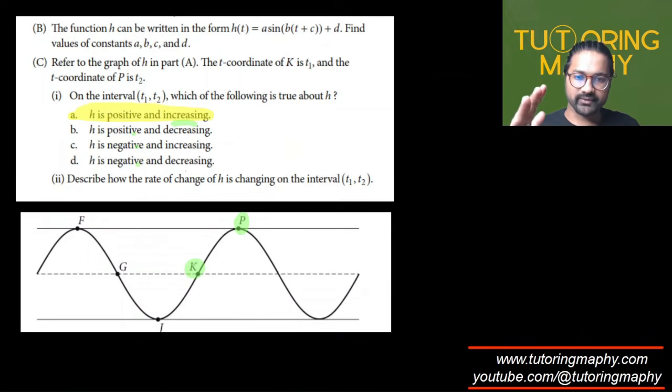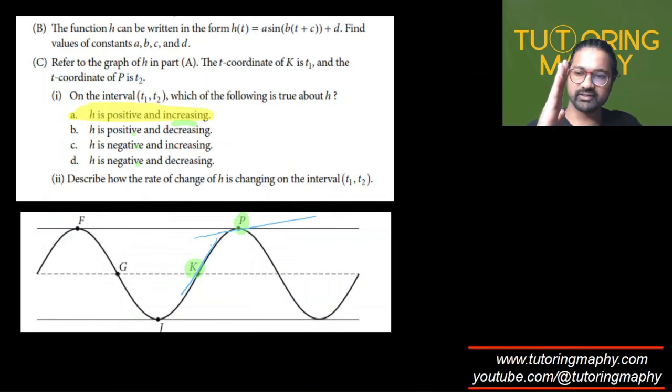Now, if you notice carefully, if we draw a tangent right over here, near the point K, the tangent is going to look like this. And if we draw a tangent near P, the tangent is going to look a little bit more flat. So you will agree that the tangent is going like this.